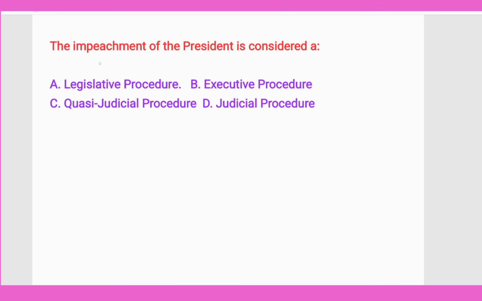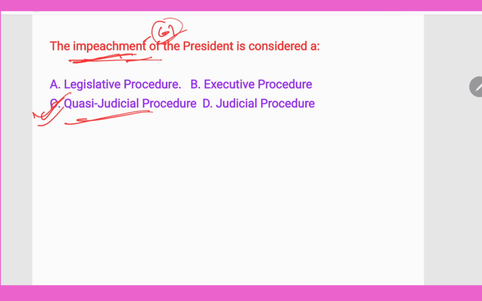Next question is the impeachment of the president is considered. Article 61 says about the impeachment. The question is, the impeachment of the president is considered a quasi judicial procedure. Remember, it is a quasi judicial procedure, neither legislative nor executive. It is quasi judicial or beyond judicial, extra judicial.